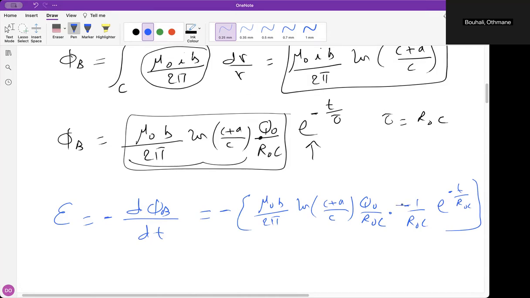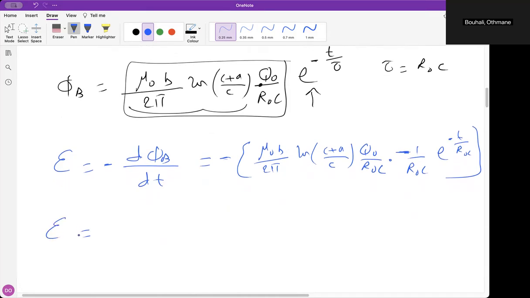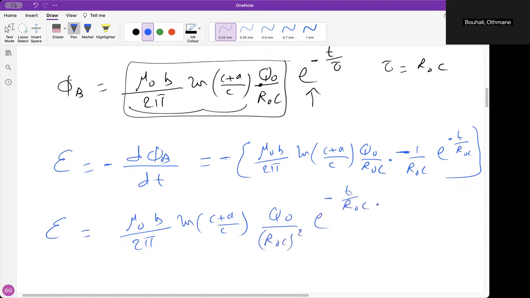So this is negative, this is negative, it gives me a positive EMF. So the EMF will be mu 0 b over 2 pi ln C plus A over C, Q0 over R0C squared exponential minus t over R0C.